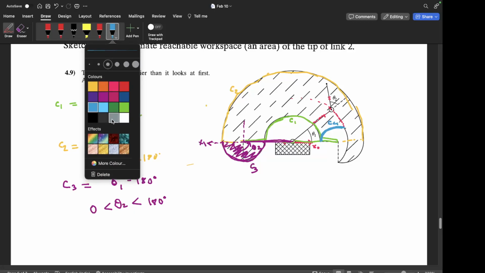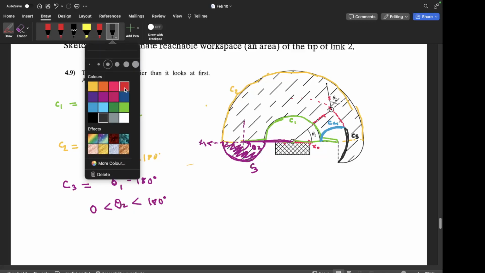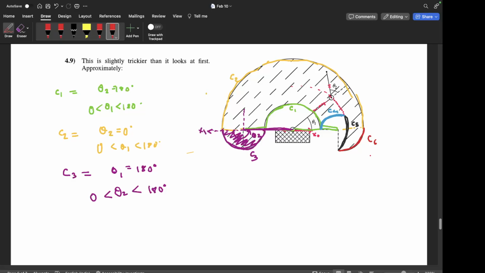Then another curve I am marking now with this black color. This is C5. And finally this C6.